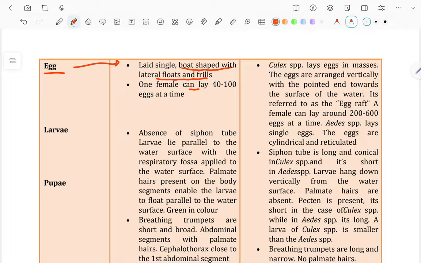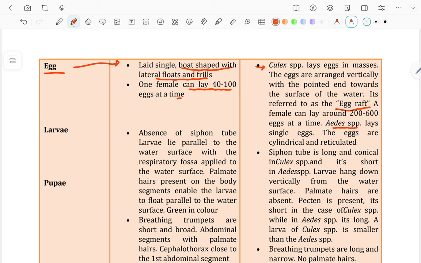One female can lay 40 to 100 eggs at a time. जबकि Culex species lay eggs in mass. The eggs are arranged vertically with the pointed end toward the surface of the water. It's referred to as the egg raft. A female can lay around 200 to 600 eggs at a time.